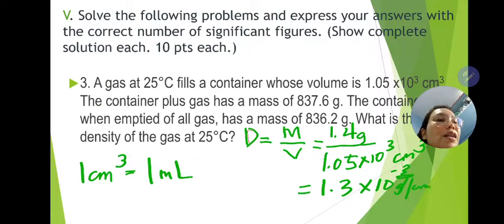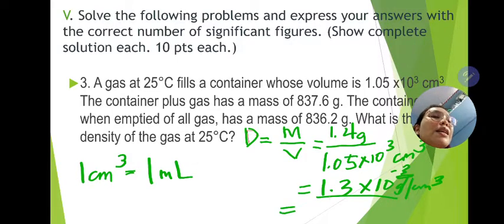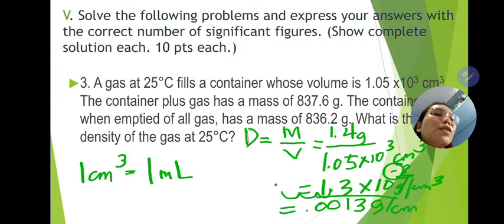Gram per cm cube. So, kung itatanggalin natin yung exponential form niya, we will move the decimal point 3 times to the left because negative siya. 1, 2, 3. So, that will be 0.0013 gram per cm cube.